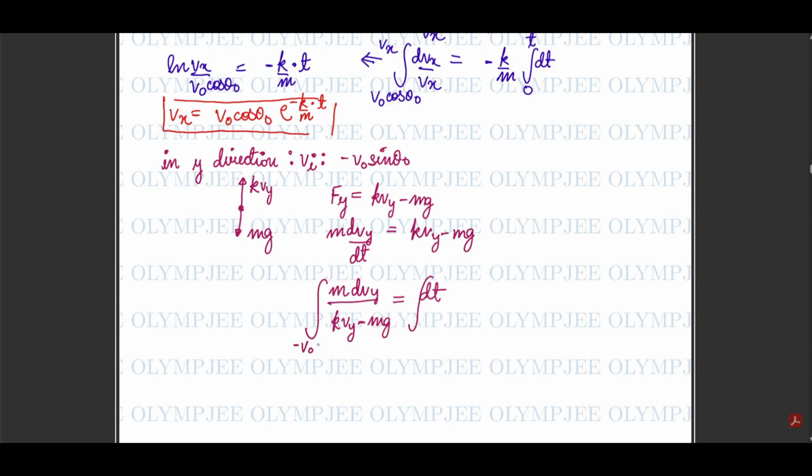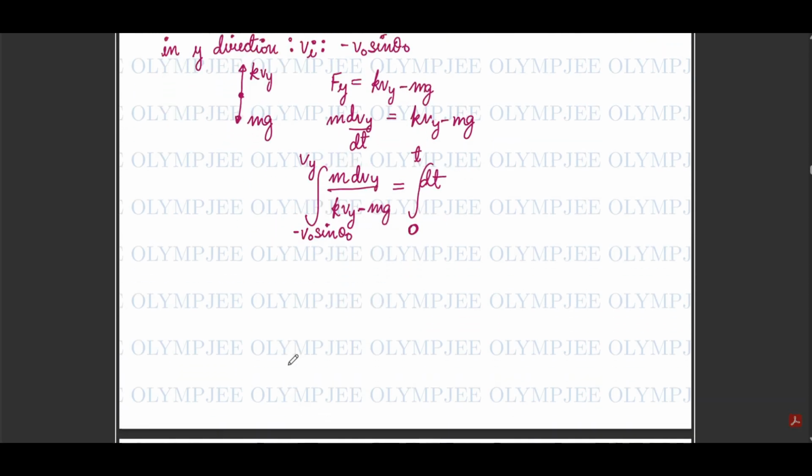We know that at time t equal to 0, the initial velocity was minus v naught sine theta naught, and at any time t we are taking it as vy. Integrating it, we find m by k ln of kvy minus mg divided by minus kv naught sine theta naught minus mg is equal to t.